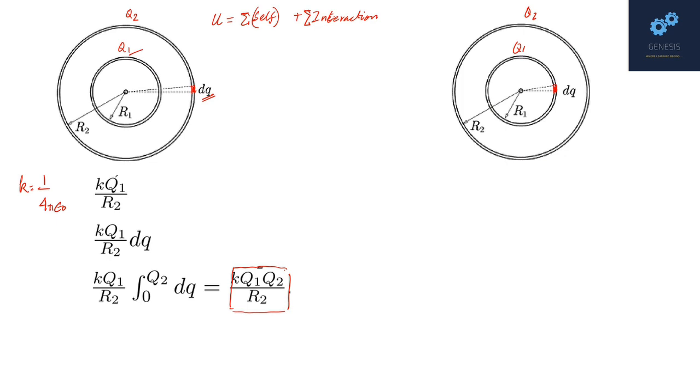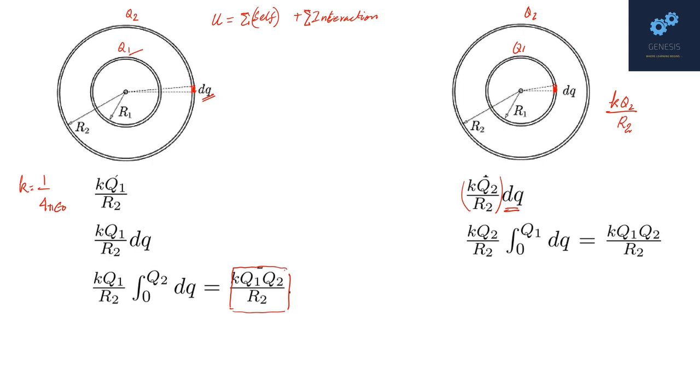Therefore, the potential at the location of dq will be k q2 by the radius of that outer shell, because the potential due to a shell at its internal points is k into charge divided by its own radius. And therefore, the interaction potential energy can be written as this potential into the charge dq, and integrating again, this time dq from 0 to q1, you get the same answer.